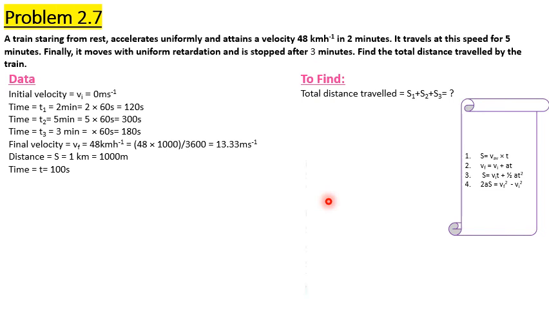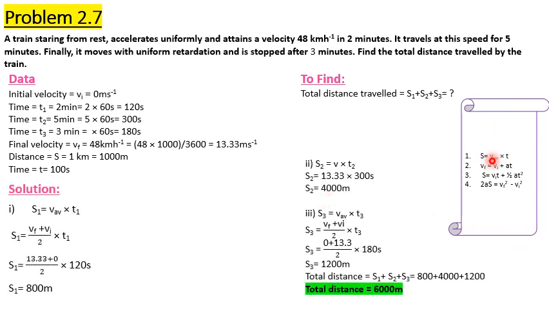This is the formula list. We will use this formula. Formula 1, S is equal to average velocity multiplied by the time. So for distance 1, we will put the value T1 and in this case we have final velocity 48 km per hour.